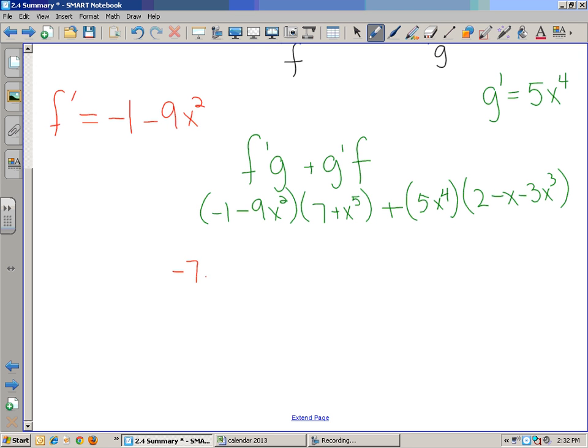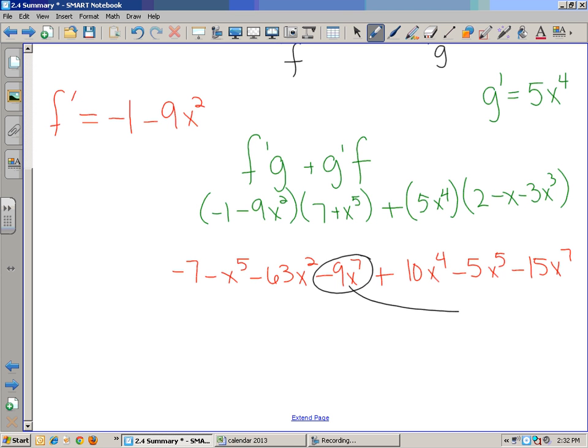So negative 7 minus x to the 5th minus 63x squared minus 9x to the 7th. Add to that 10x to the 4th minus 5x to the 5th minus 15x to the 7th. And then I just want to go ahead and combine like terms. So I have a negative 9 and a negative 15x to the 7th. That's going to give me negative 24x to the 7th.